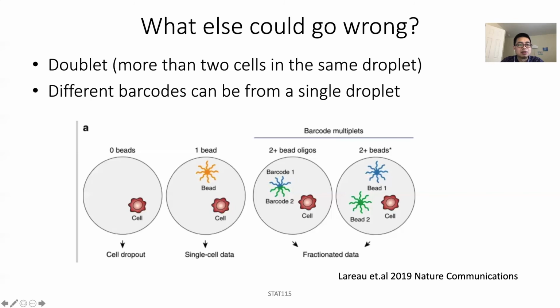Within a single droplet, you can have two beads which contain different cell barcodes, or you can have a single bead, but within that single bead, you have two different barcodes. Roughly 5% of the beads contain multiple barcodes, and 4% of the droplets contain multiple beads. This only happens for single-cell ATAC-seq, but not for single-cell RNA-seq.